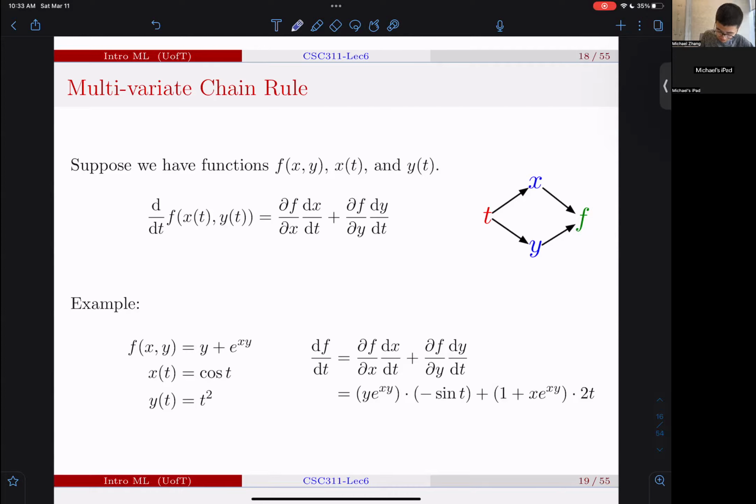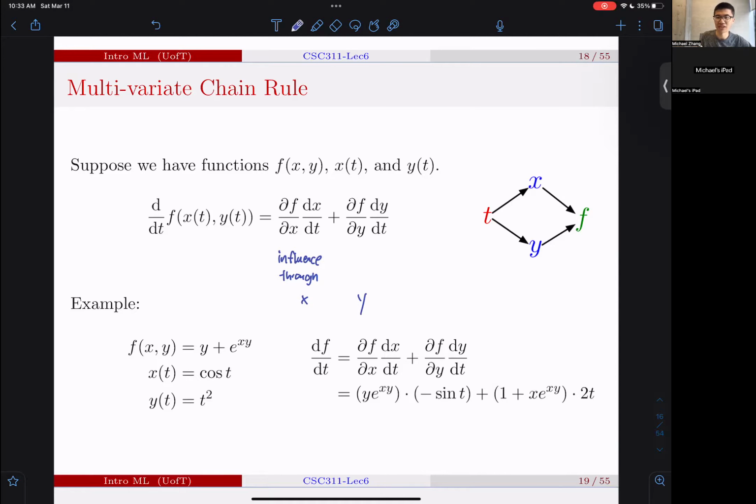So we have to add up the influence through the variable x and also the influence through the variable y. So in general, if there are more intermediate variables, we also have to account for each of those. And you can prove this formally.